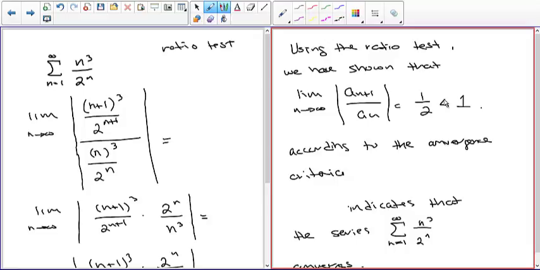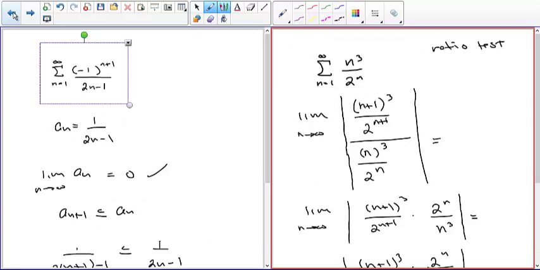Since 1/2 is less than 1, it satisfies the convergence criteria, which indicates that the series converges. It doesn't have to be perfect English or anything. Otherwise, I'd be in trouble.